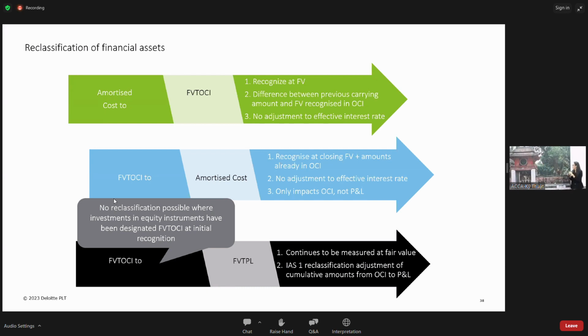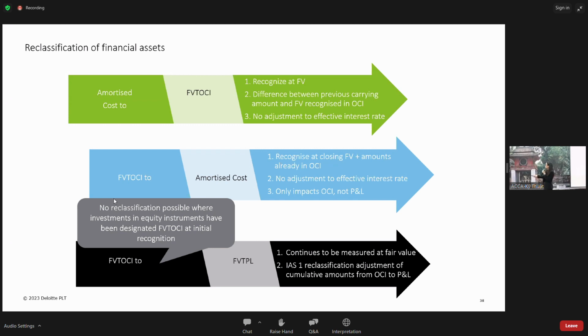Okay, next we have fair value to OCI to amortized cost. So when would that happen? If last time I used to hold to collect and sell, now I decided I don't want to sell anymore. I just want to hold to collect. Because amortized cost is cost-based, right, your fair value as of the closing fair value of the instrument plus any amount that you have already accumulated in the OCI becomes your deemed starting point for your amortized cost.